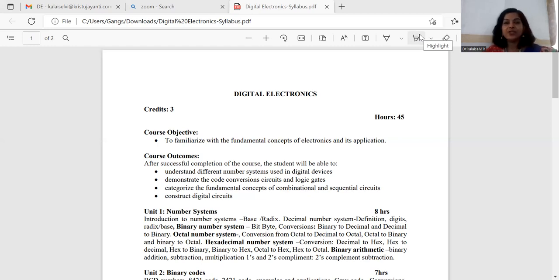So this is going to be your fourth and fifth unit, how these circuits differ, operation wise, the way in which they take the input. We'll see this, and we'll be able to design the different digital circuits. This is the course outcome once you finish your digital electronics paper.